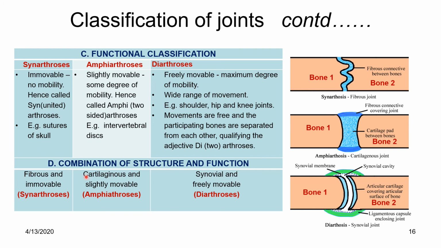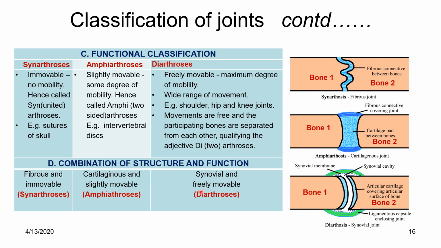Now coming to the combination of structure and function. There is what is known as fibrous and immobile joints, or synarthrosis. See here, there is only fibrous connective tissue between the two bones. So this is a fibrous joint, which is called synarthrosis.